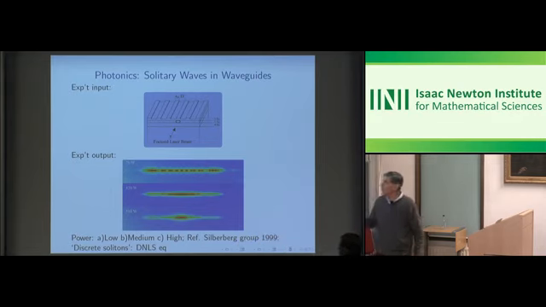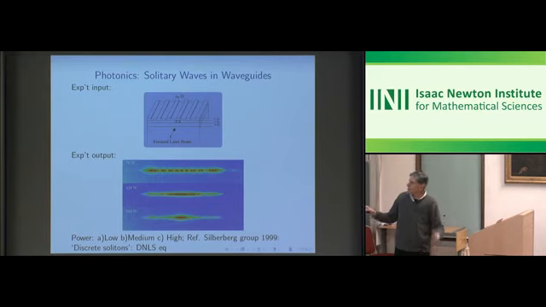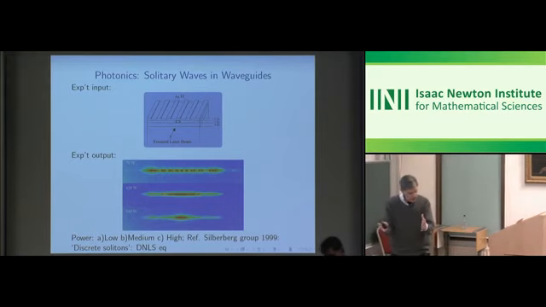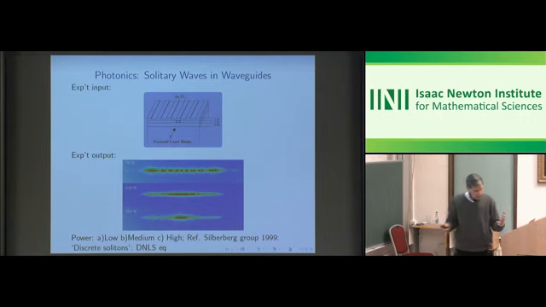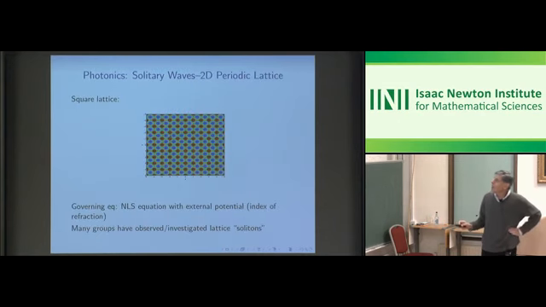When it's stronger input power, the wave develops a focusing structure, and then you get a stripe just down the first couple of waveguides. They call this a discrete soliton. This was done in the late 90s by Silberberg's group at the Weizmann Institute.